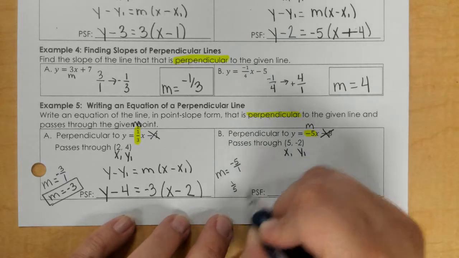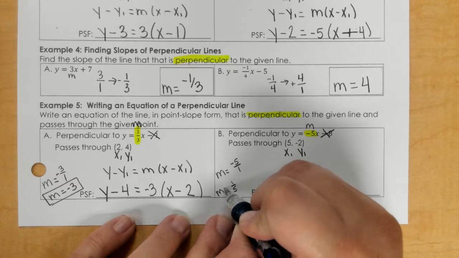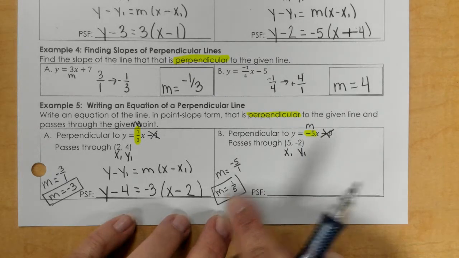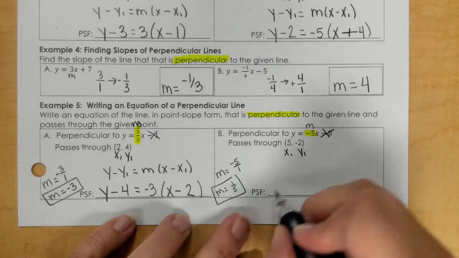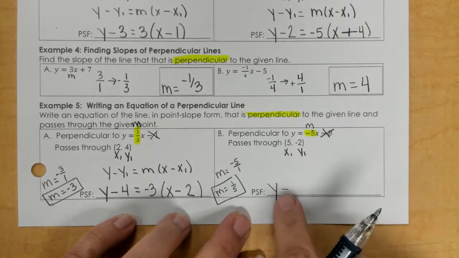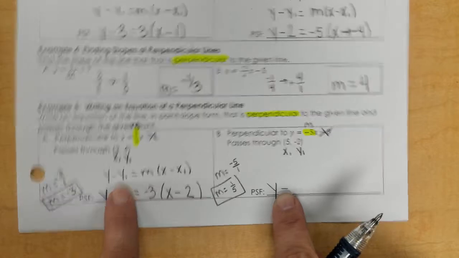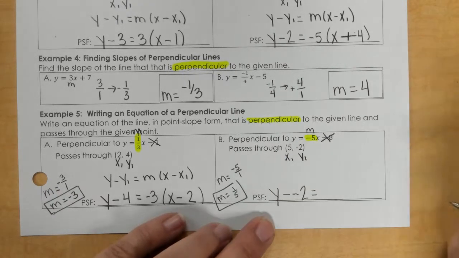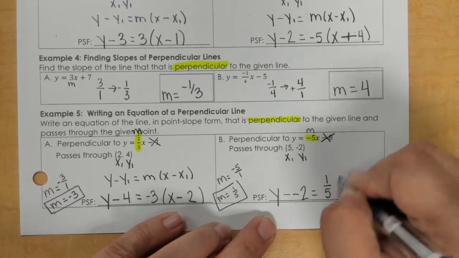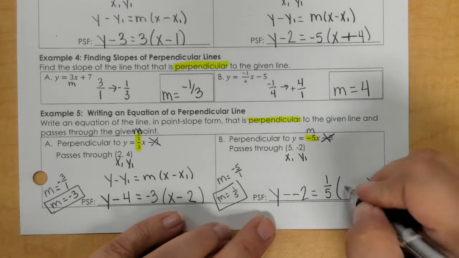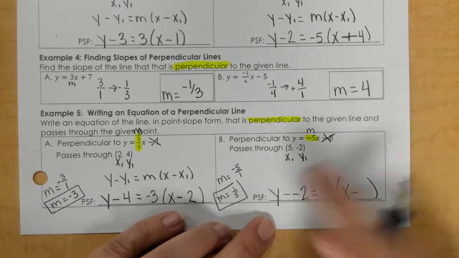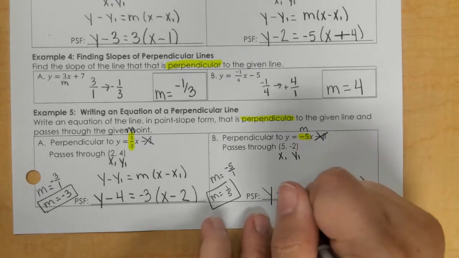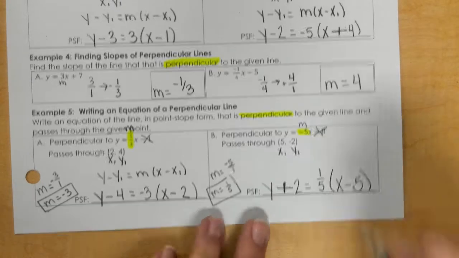If it's negative, it becomes positive. So I'm going to use positive 1/5 as my new slope, use my point, and plug in. So y minus y1 is negative 2. My new slope is 1/5. And then I have x minus x1, which is 5. Double negative becomes positive. And that's it.